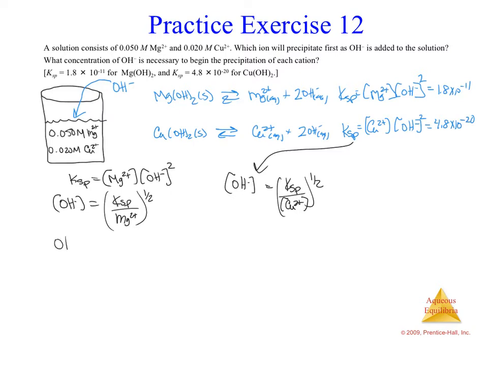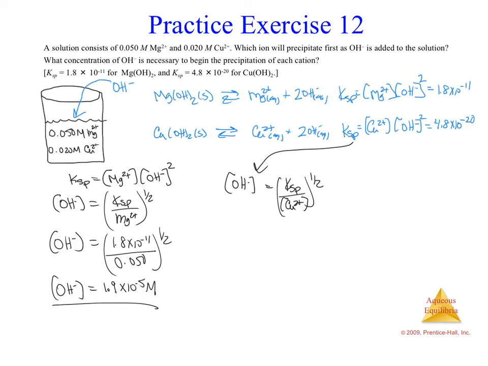So let's solve for magnesium hydroxide. My KSP, 1.8 times 10 to the negative 11th, divided by the magnesium molarity given as 0.050, and take the square root of that. My hydroxide molarity for the magnesium is 1.9 times 10 to the negative 5th molarity.